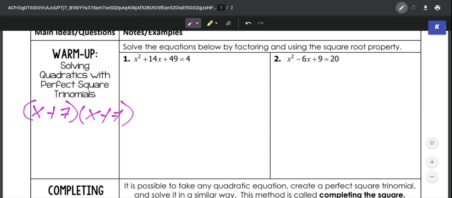So it's like using the same number twice. So when I say perfect square trinomial, that's what I'm talking about. When you have that instance, you can actually solve the quadratic by square roots. So I'll show you what that looks like, because this will be pretty much how we use completing the square. We use this with it.